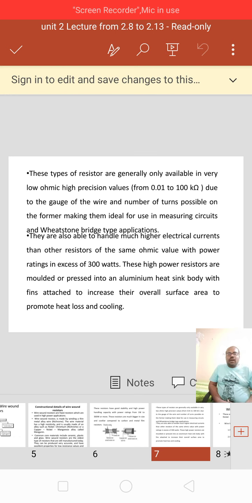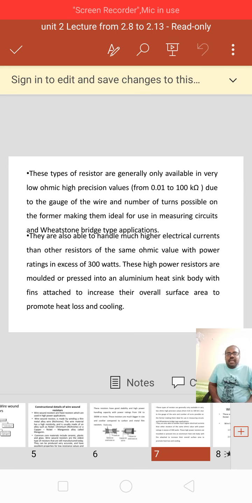Okay, they are also able to handle much higher electrical currents than other resistors of the same ohmic value, with power ratings in excess of 300 watts.